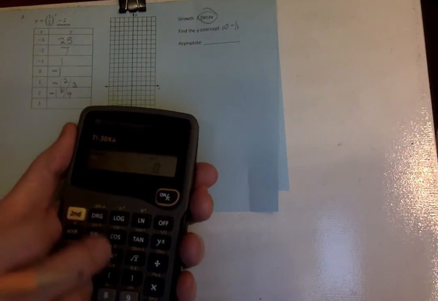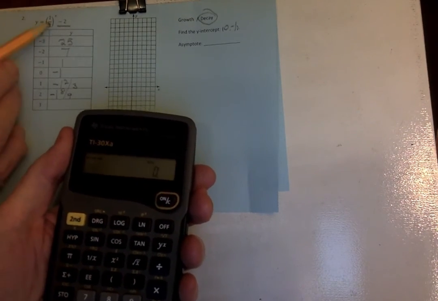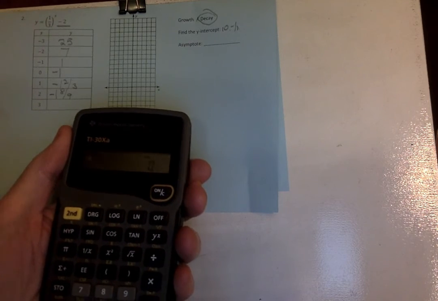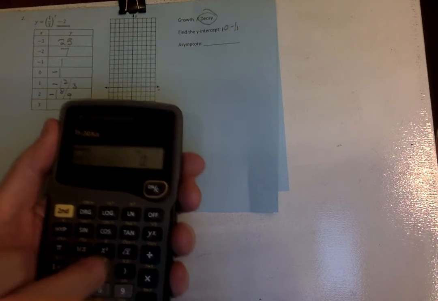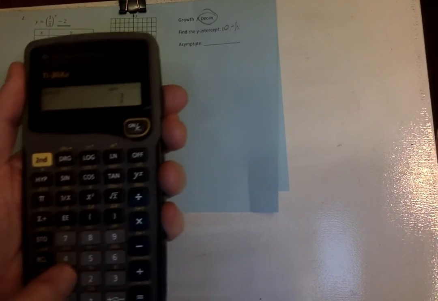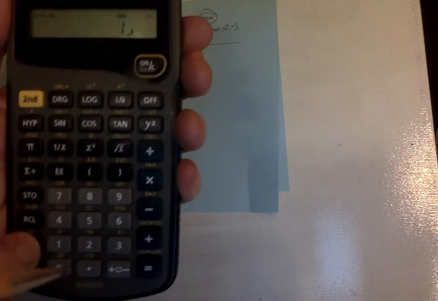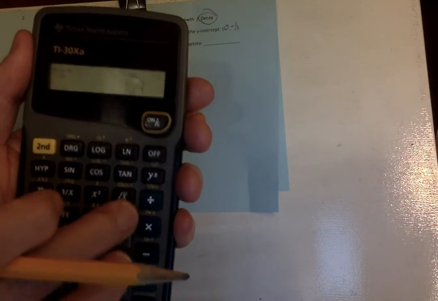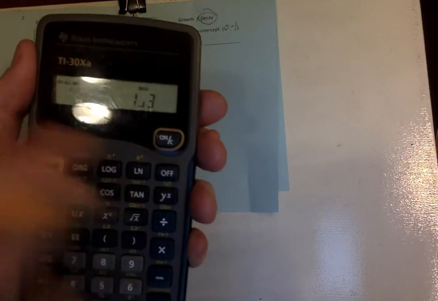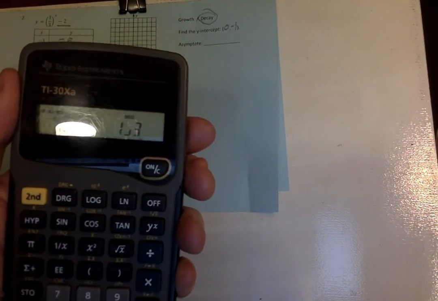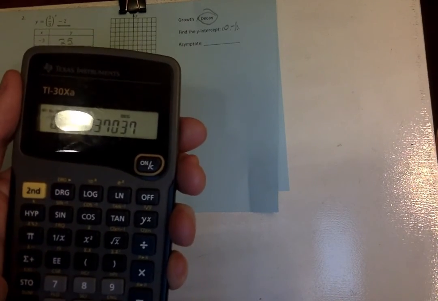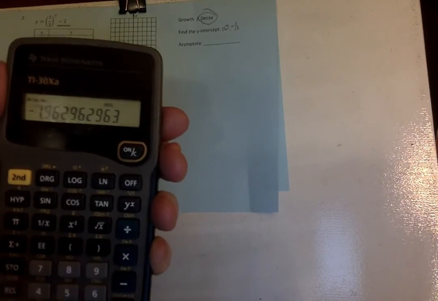Okay, so again, it's 1/3, and you have to use parentheses, otherwise the calculator will just take the 3 and put the number with the 3. So we need parentheses. So we go front parentheses, 1 over 3 in parentheses, raised to a power, 3, equals, and then I'm going to go minus 2 equals.